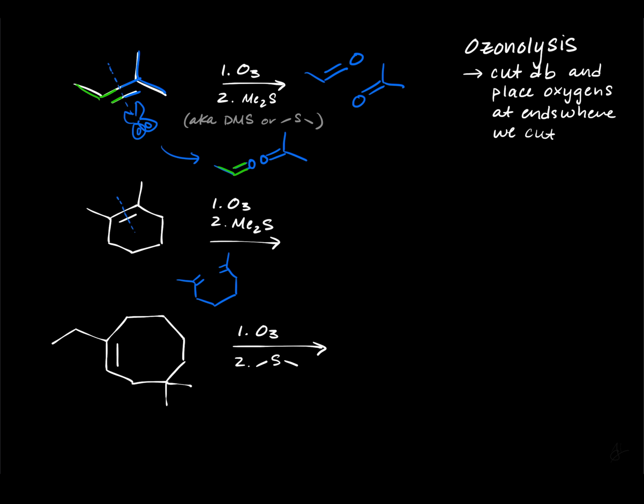If you want to make sure you've kept your carbons, you can count them. So 1, 2, 3, 4, 5, 6, 7, 8. 1, 2, 3, 4, 5, 6, 7, 8. And I have oxygens where I did that cut. You might also be compelled to unravel that molecule.